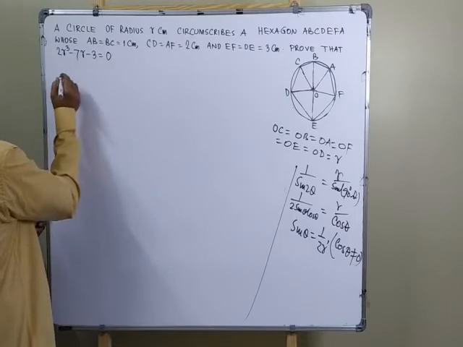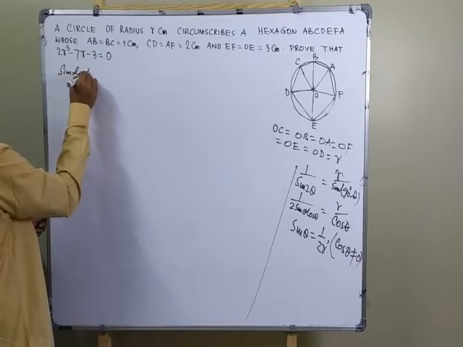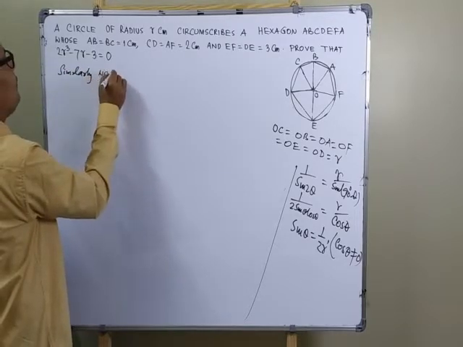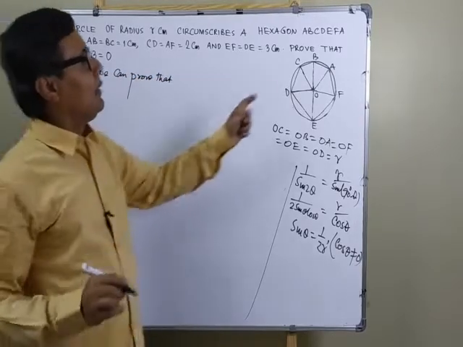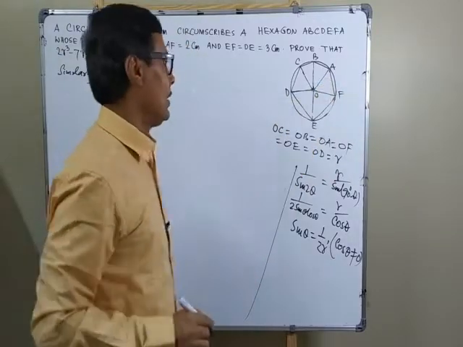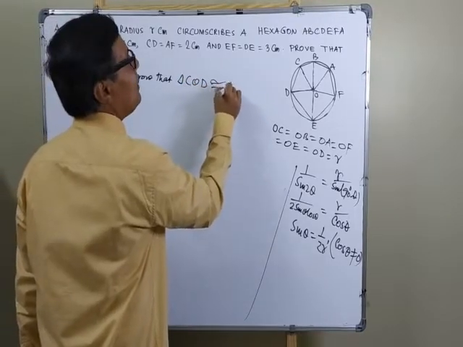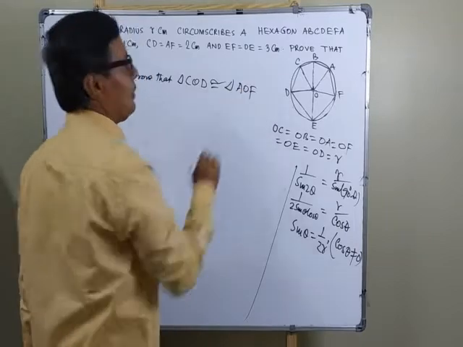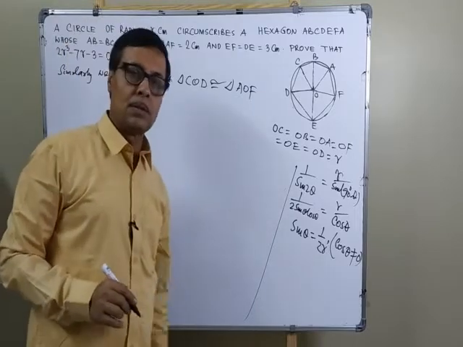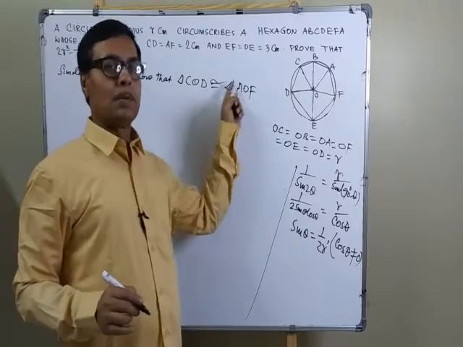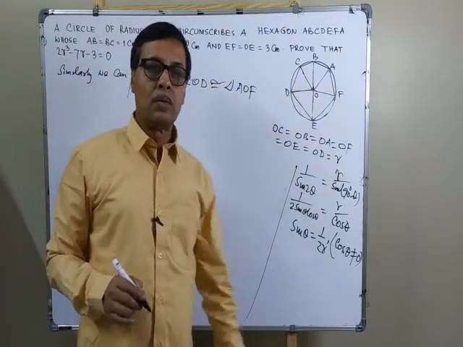Similarly, we can prove that triangle COD is congruent to triangle AOF, as we have previously proved triangle BOC is congruent to triangle BOA.